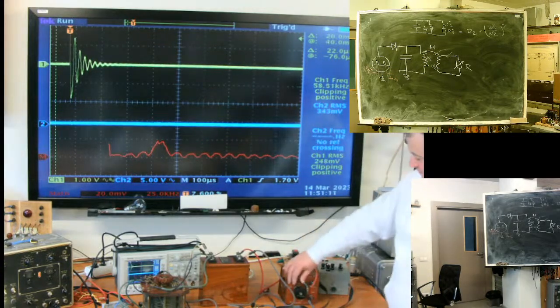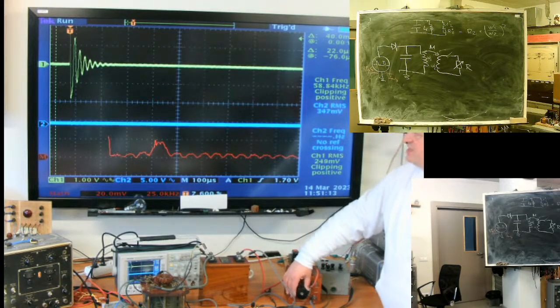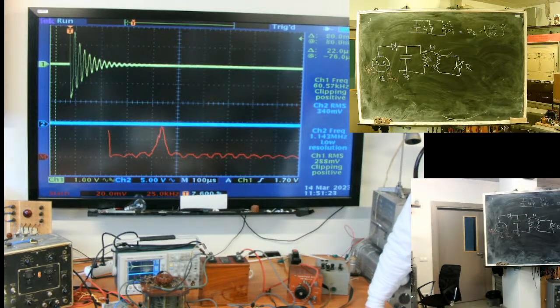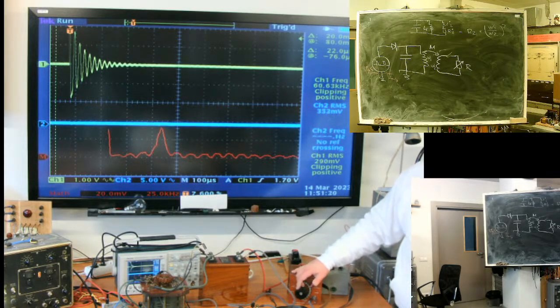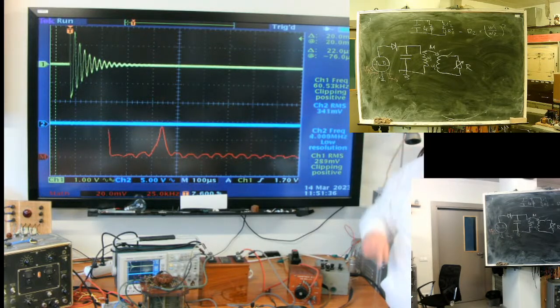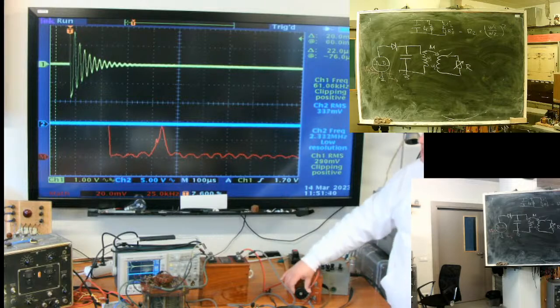How does it work? Look, I'm increasing resistance. You see, in case the resistance was at the primary side, we would observe what? At some moment the process will become aperiodic, yeah? At the moment when resistance reaches double the characteristic, double square root of L divided by capacitance, we should see an aperiodic signal.